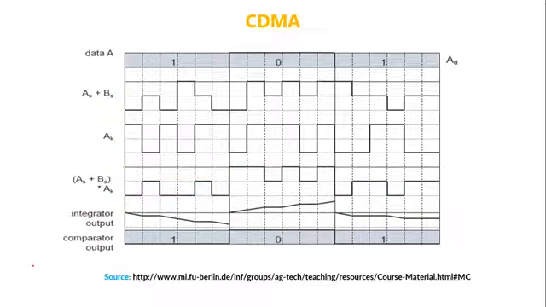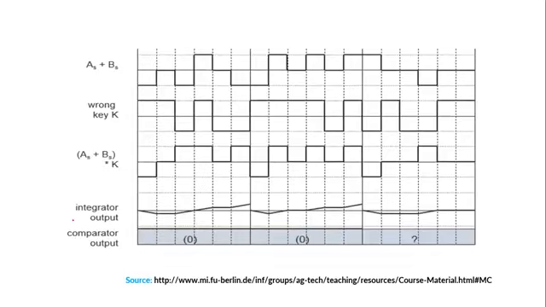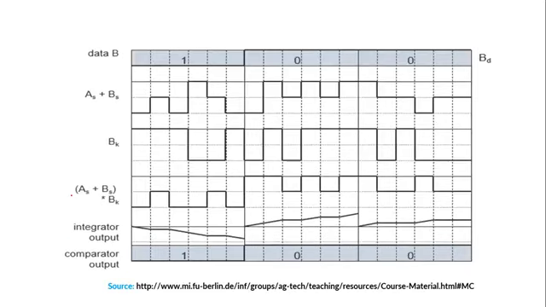Similarly, the data can also be retrieved in the similar fashion in B. You can walk through this and work it out. But if you use a wrong key, this won't work. Similarly, for B also you can check, and it is generating the same data that was transmitted.